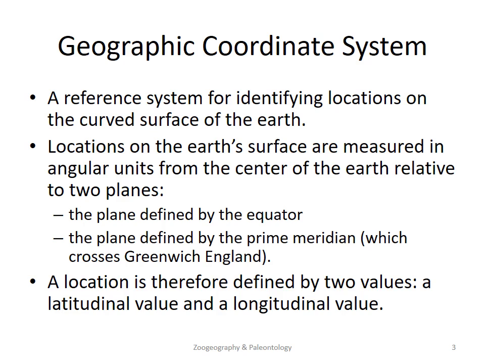These planes are defined by the equator and the prime meridian. There are two planes, one defined by the equator and the other defined by the prime meridian. So a location is defined by two values, a latitudinal value and a longitudinal value.